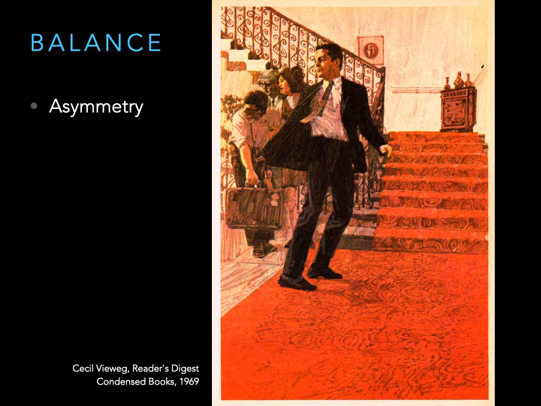Some of these mid 20th century illustrations were really dramatic in their use of empty space or space where there's minimal figures going on. Oftentimes that was because there was going to be some text on it, but they were really well balanced compositions still because of it. So these would have been in the Reader's Digest magazine.